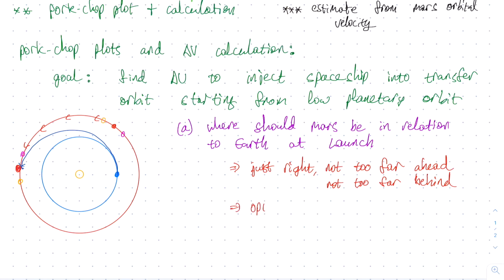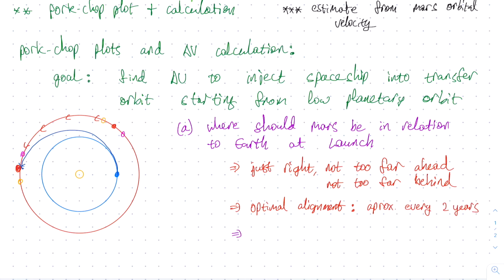Now, because it takes Mars longer to go around the Sun once than the Earth, the optimal alignment of the two planets doesn't happen all the time. It happens roughly once every 2 years.